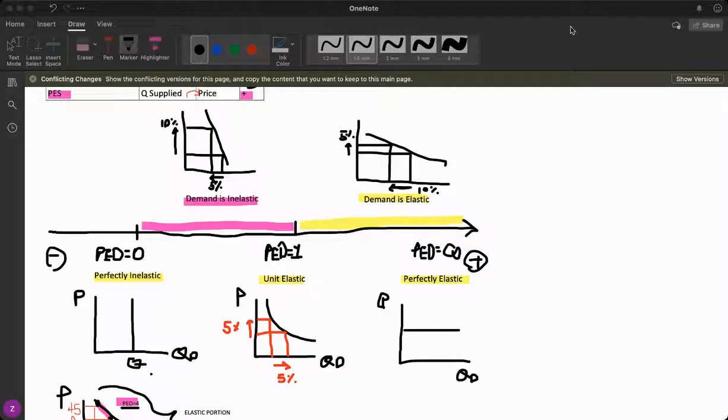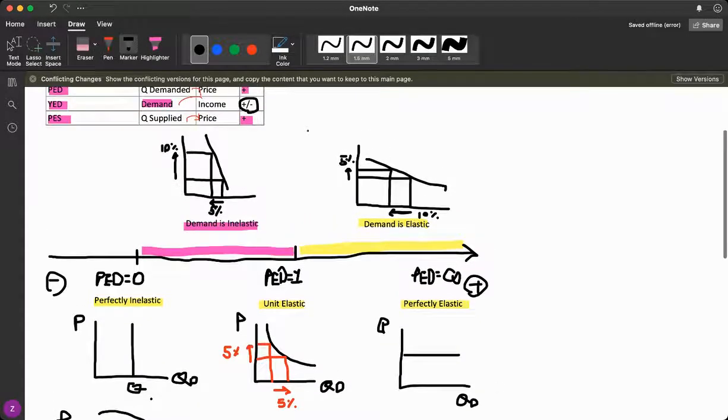Okay, so first, PED. Since it is positive, we only care about the range from 0 to infinity. When PED is equal to 0, it is perfectly inelastic. Quantity demanded stays the same no matter how the price changes, so it is vertical. How to remember this: the first letter of inelastic is I, and it kind of looks like this vertical line.